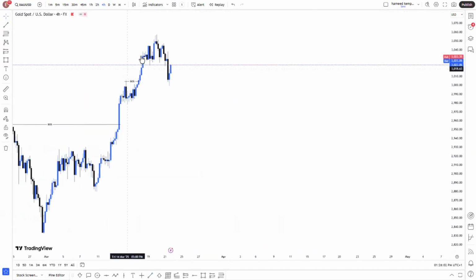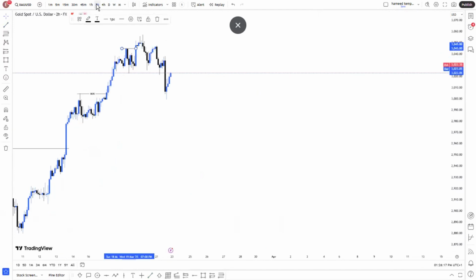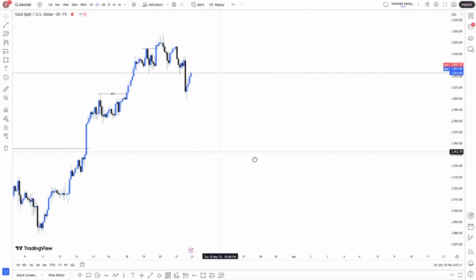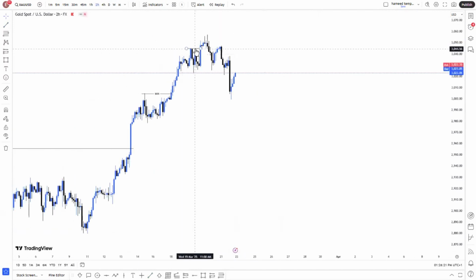I think that's the last breakup structure we have. Okay, we have a tiny one around here as well. I have this small tiny breakup structure here. So let's go to 2 hours to see what we are looking for. Oh, well, okay. We have this tiny breakup structure.